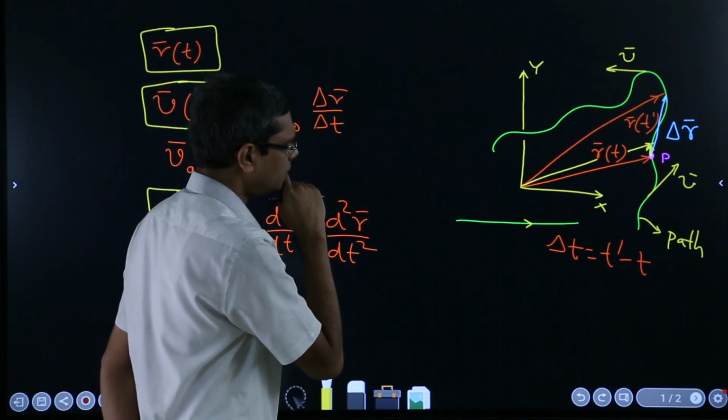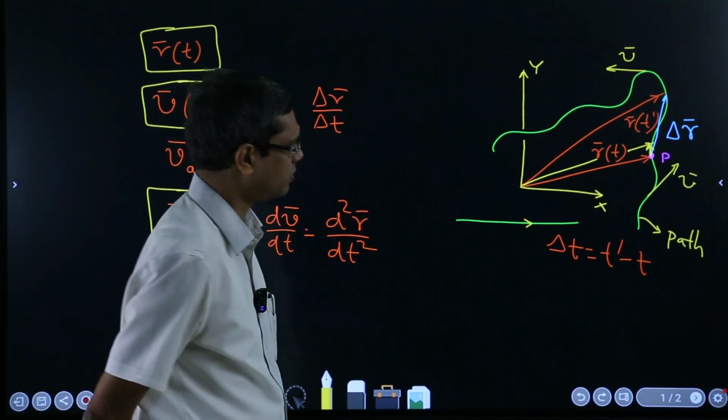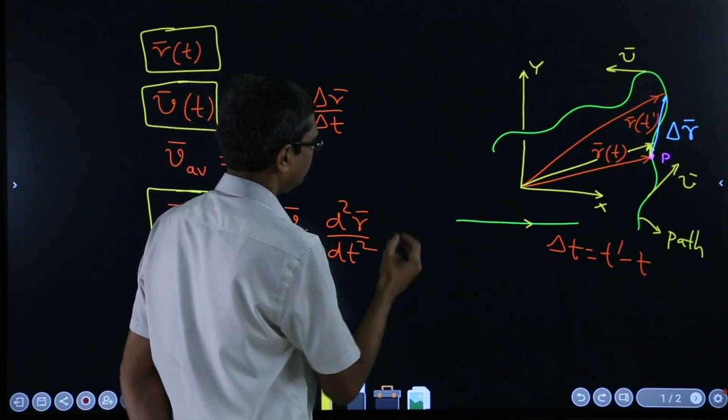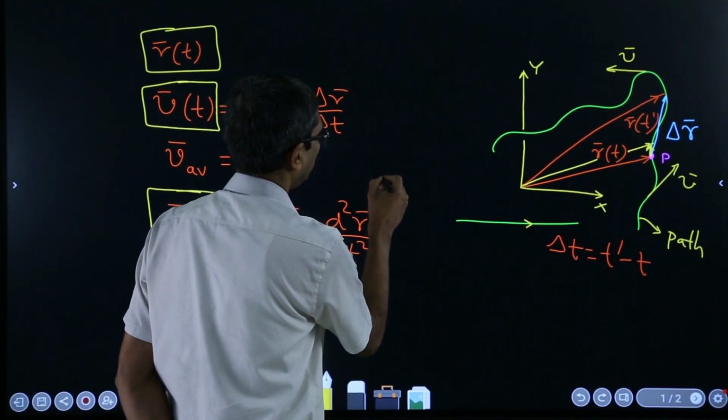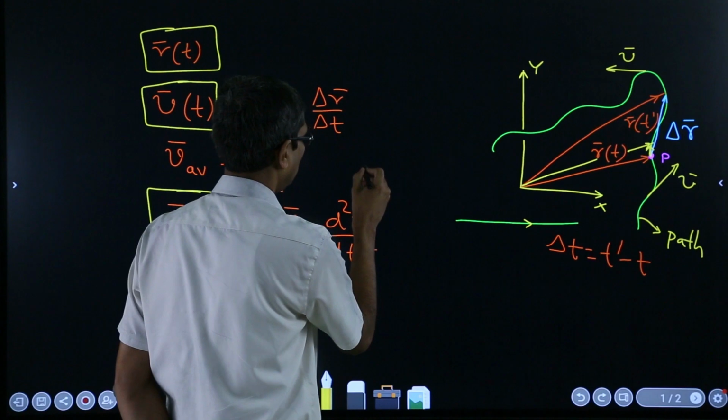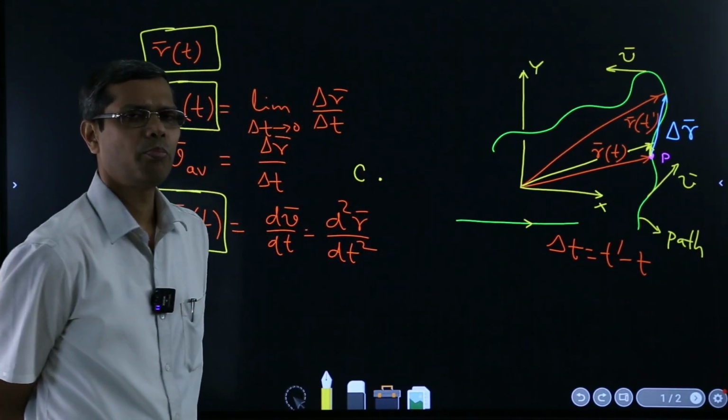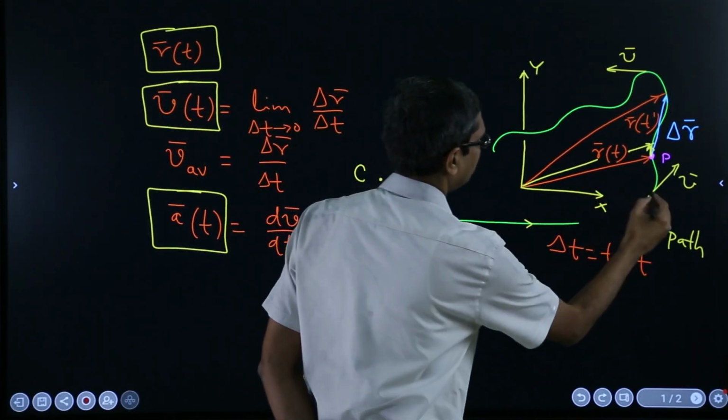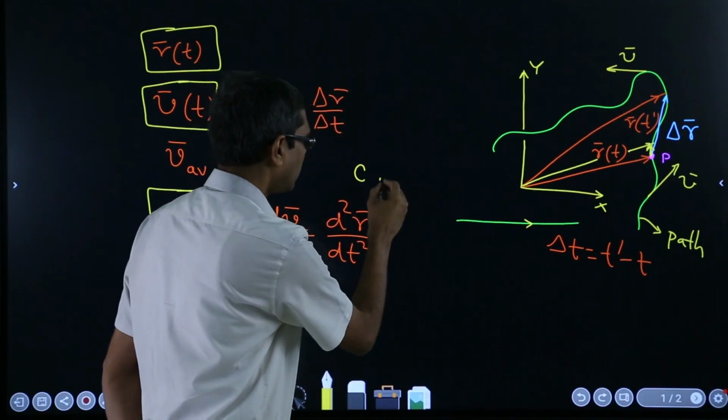Then there is another way to represent or visualize this motion. Take any arbitrary point, say C, and then plot these velocities starting from it.